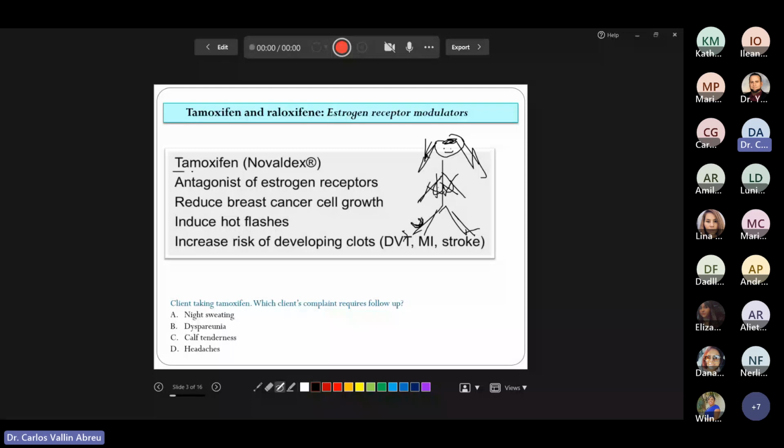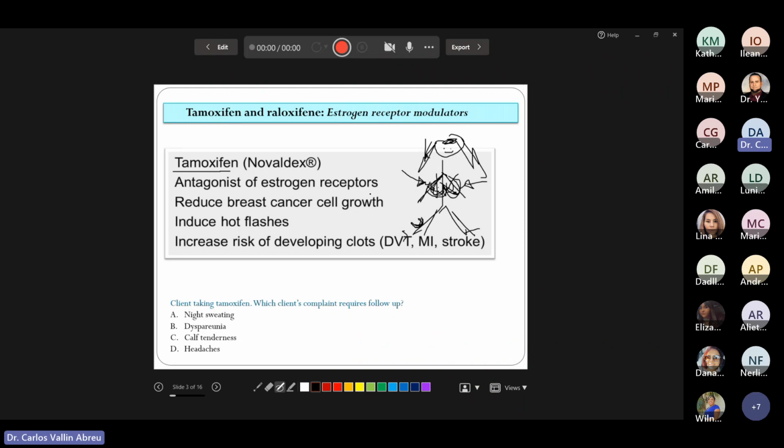For example, tamoxifen blocks the estrogen receptor in the breast, which is good because if you have cancer in your breast, or you had cancer in your breast, and you receive estrogen in your breast, cancer can reappear or can extend. So it's good to block the estrogen receptor in the breast, in clients that had breast cancer with estrogen receptors, though it need not be a cancer with estrogen receptors.